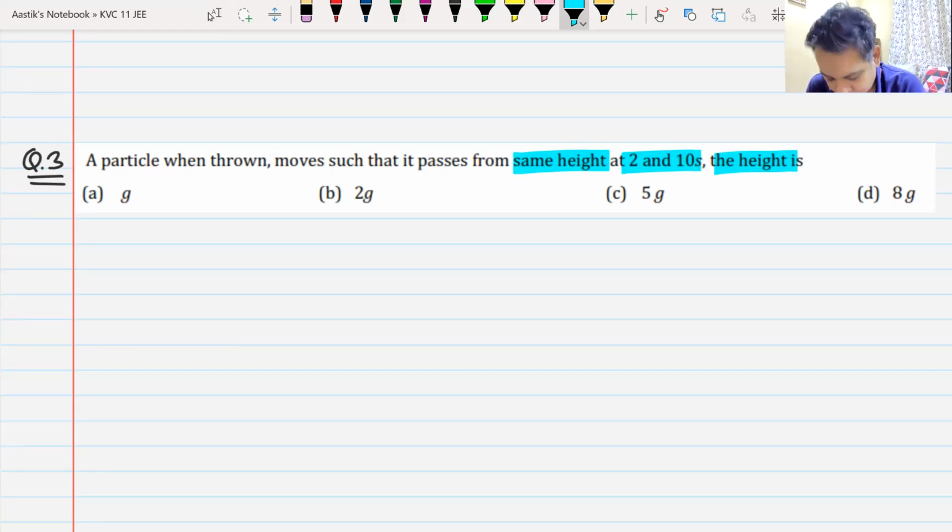After subtracting both, I got that. What is that formula for? That is the displacement in the nth second. Displacement in the 10th second.